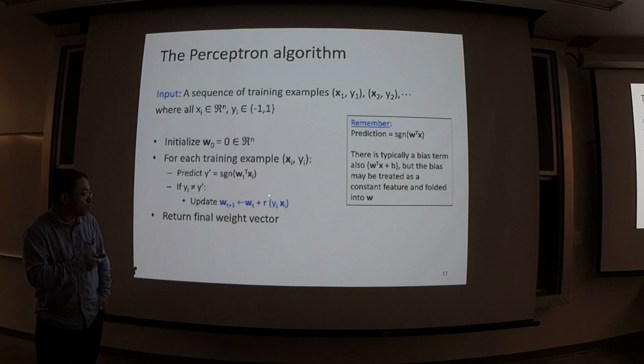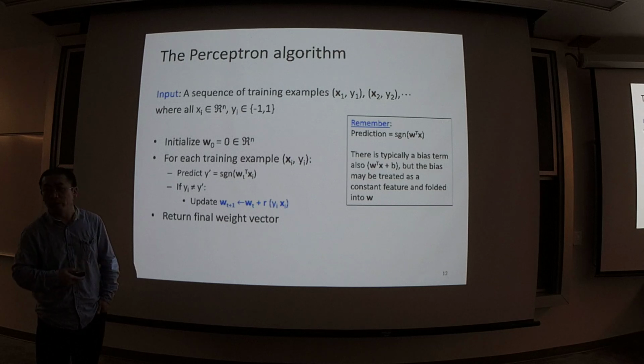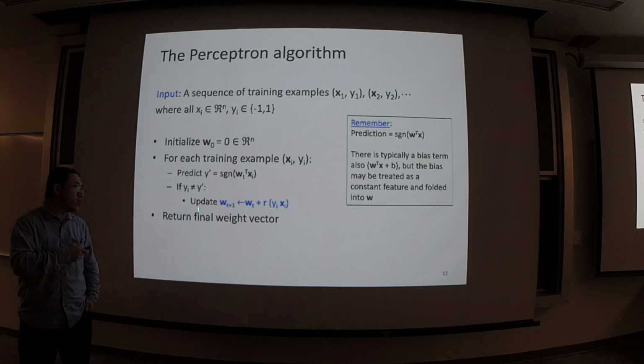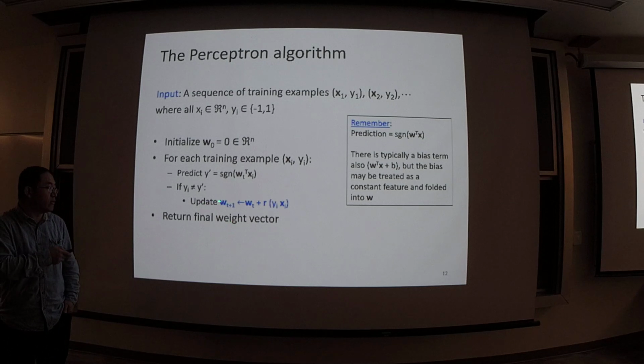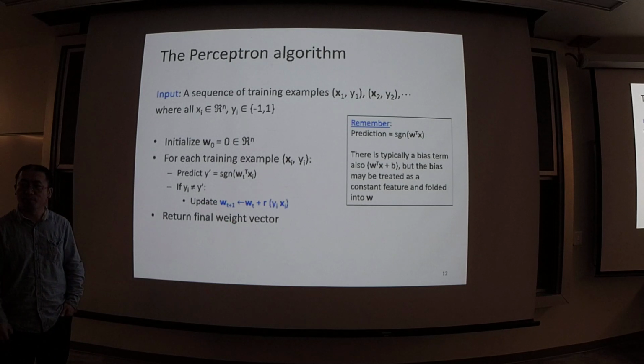And then we need to multiply the current input vector xi with its ground truth label yi, and then add it to the current weight vector Wt. So we obtain updated version Wt plus 1. This is the rule to make update.